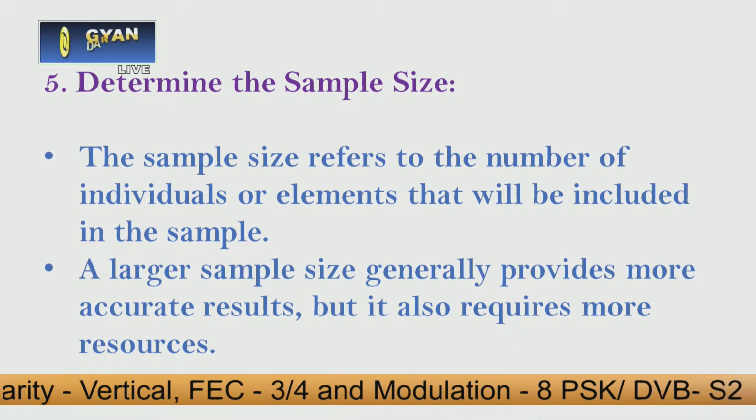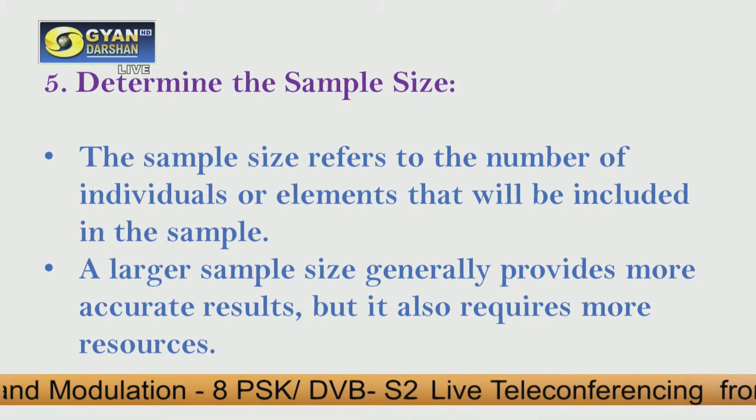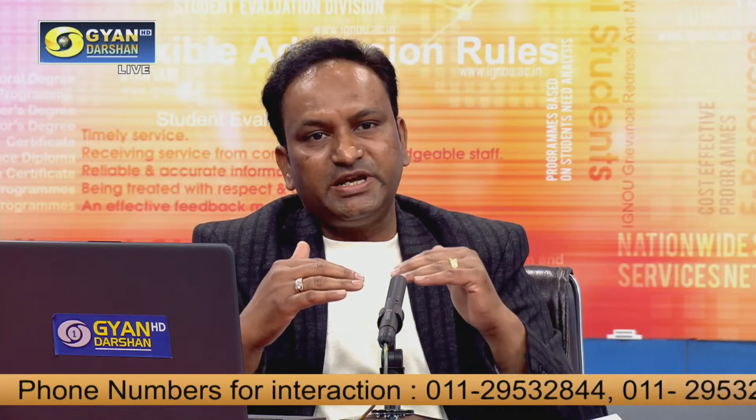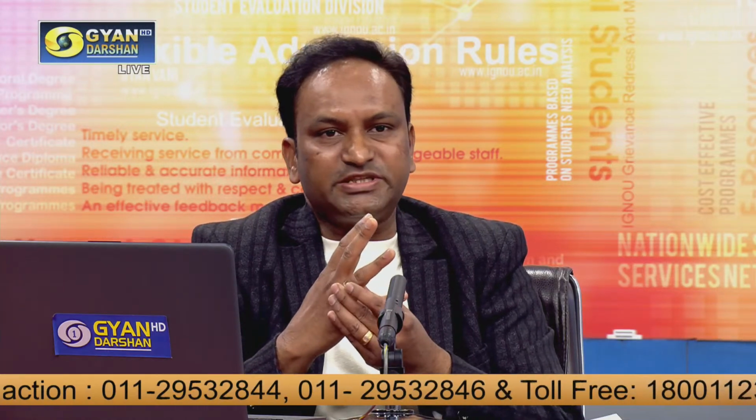There are several methods to determine the sample size. For example, there may be statistical methods where a coherence formula is basically used for determining the sample size. There are several statistical or other methods available through which one may decide the sample size. In the next class, we may discuss in detail what the methods are for the selection of the sample size.